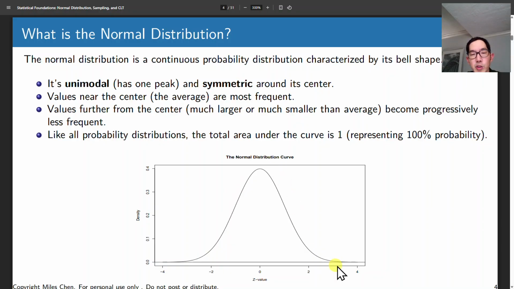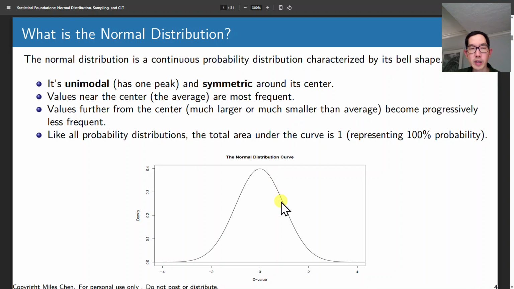The normal distribution has a single peak, looks like just a hill, and it is symmetric around this middle point. Because it is tall in the middle, that means values that are drawn near the middle appear most frequently. So for the standard normal distribution, the values around 0 are the most common and most frequent values.